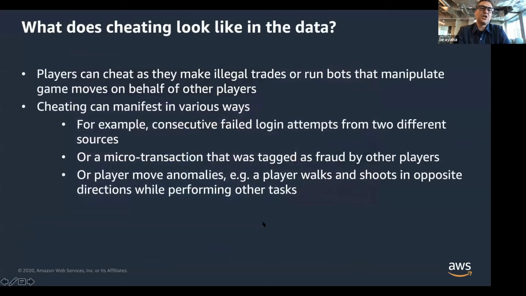So what does cheating look like in the data? Now, you have mentioned before that cheating can manifest in various ways. And the beauty of this feature is that it allows you to decide what this cheating means, and then also to react to how cheaters respond to your measures.